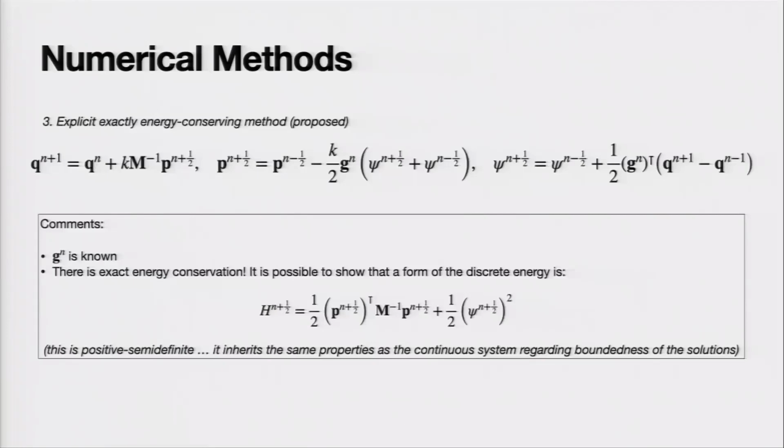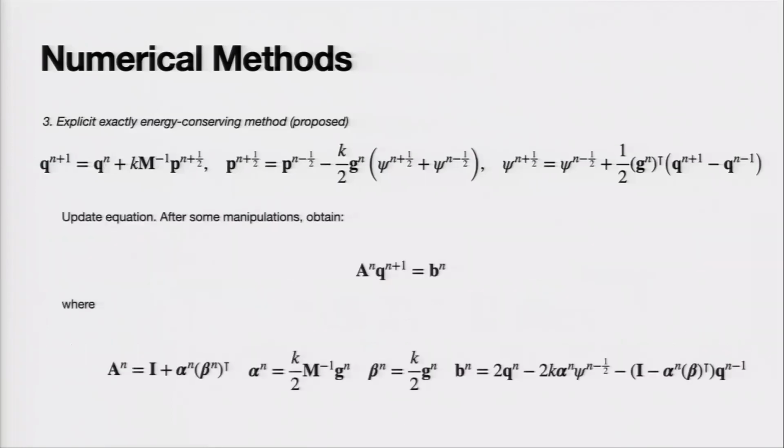So this is great. The problem is that it is not immediately clear to see that this scheme is also fast. Remember that Sturmer-Verlet and the scheme I showed you before, they are fast because they're fully explicit. But this one on the surface doesn't look so fast because you can use this equation into this equation and then this equation into this equation. And what you end up having is a linear system to solve, which is A_n times q at step n plus 1 is equal to b_n.